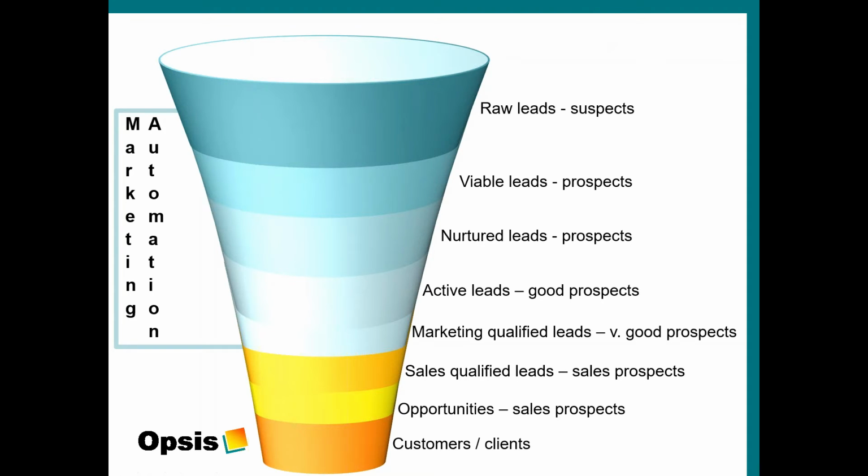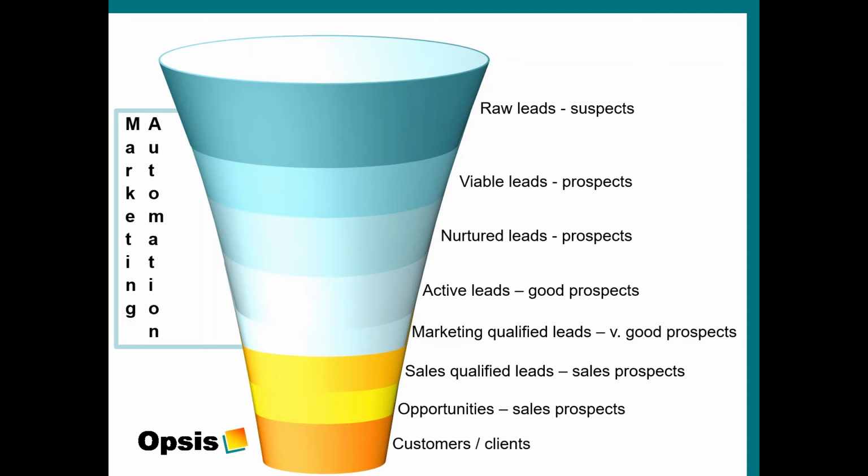Marketing automation helps you with those top 5 segments. It helps you work with that 99% who are not likely to buy from you within the next 90 or so days. So that's where the bulk of ClickDimensions will help you.